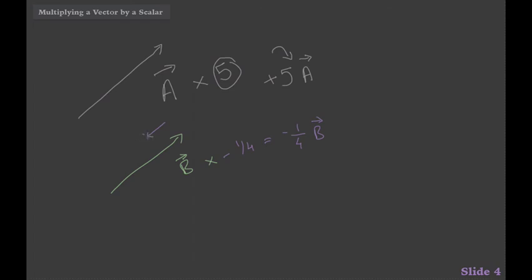It will be essentially 1/4 the length of vector B, and it will go the opposite direction because the sign of the scalar quantity affects the vector quantity.